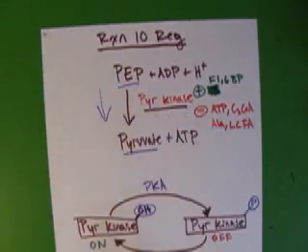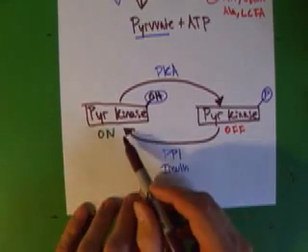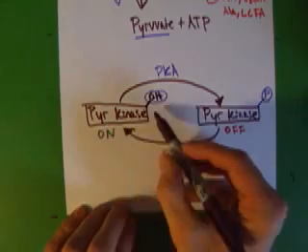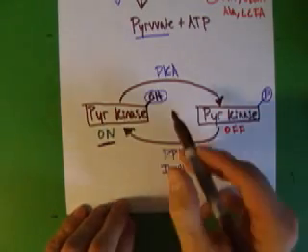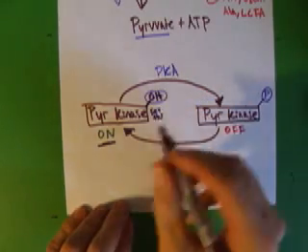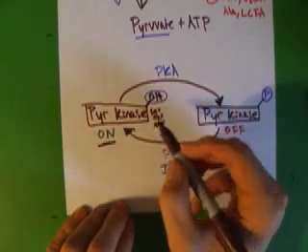So pyruvate kinase is turned on by insulin, or PP1. So it's in its on position when it's dephosphorylated. This can be a serine, threonine, or tyrosine amino acid. It doesn't matter what it is.